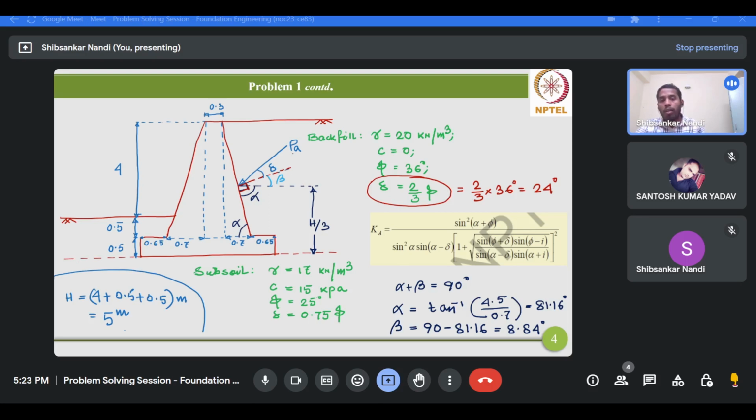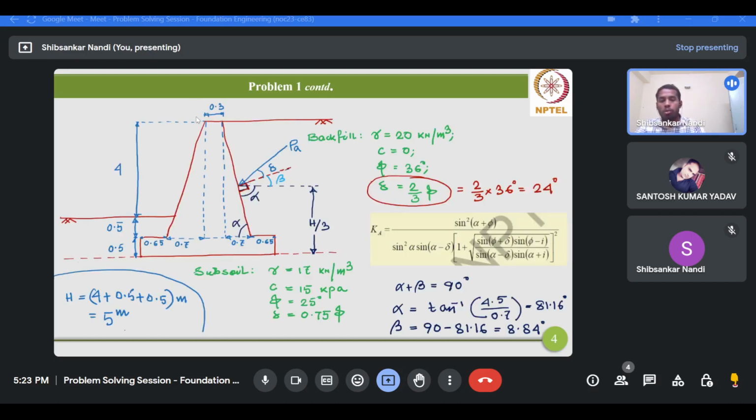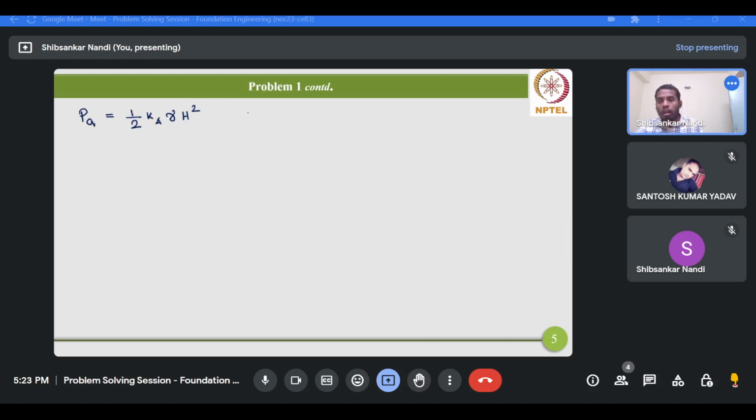Now how to calculate this PA? The calculation of PA is very straightforward. PA will be simply half Ka gamma H square, because you will be having a triangular distribution for active earth pressure.